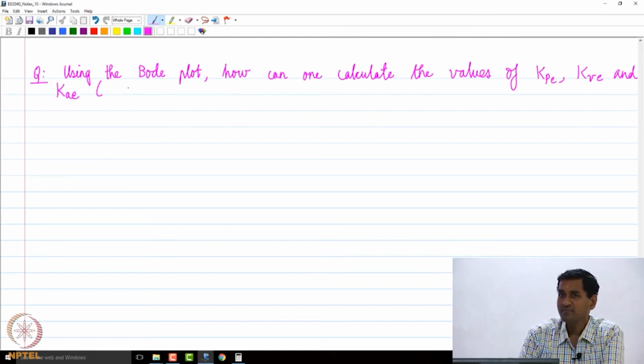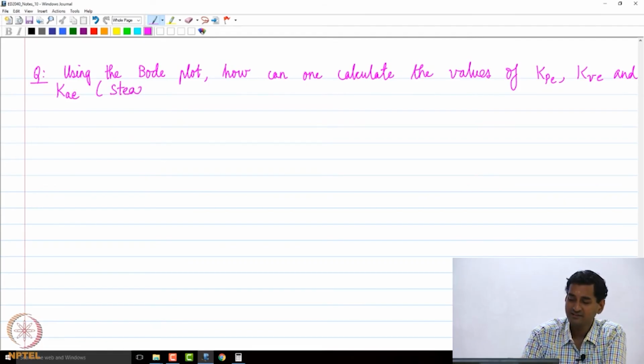So KPE was the static position error constant, KVE was the static velocity error constant, KAE was the static acceleration error constant. You remember when we did steady state error analysis? Please refer to those notes, right. I am hoping that I am using the same symbols, okay.